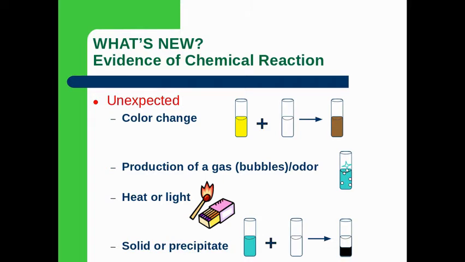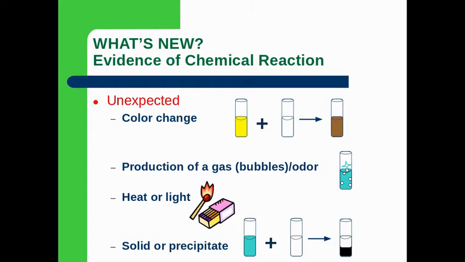And then solid or precipitate. And a precipitate is a word that we're going to use a lot in this next unit because many of the chemical reactions that we do produce precipitates. So if you were to take that light blue liquid and put it with a colorless liquid, you would expect it again to turn a slightly lighter blue color.